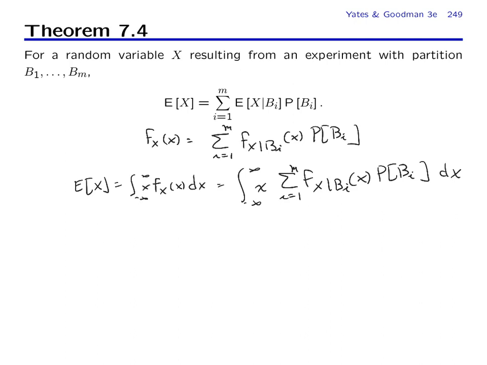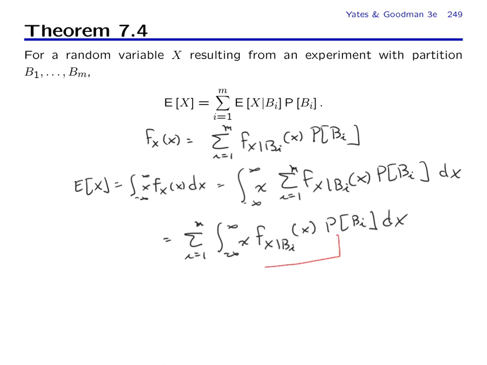And when we do this, we obtain the summation i equals 1 to m of the integral of x times the conditional PDF of x given B_i times P of B_i times dx. When we bring the P of B_i outside the integral, we're left with x times the conditional PDF of x given B_i, dx. And the result is our final theorem.